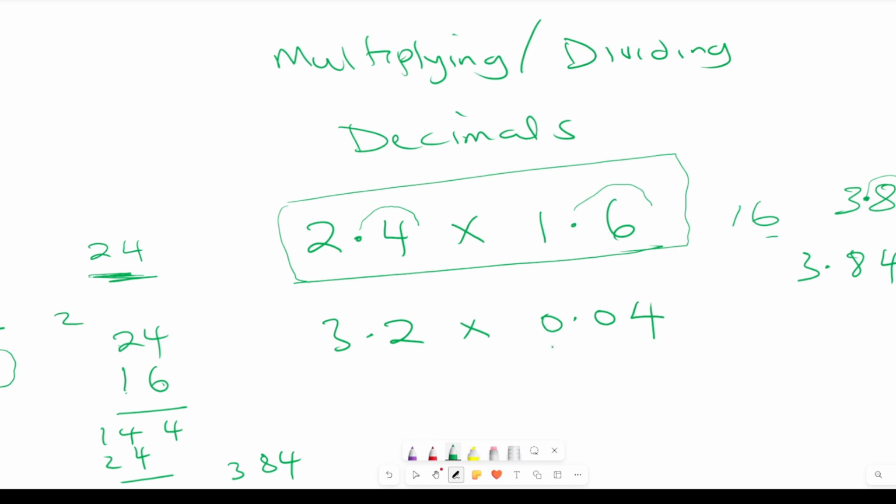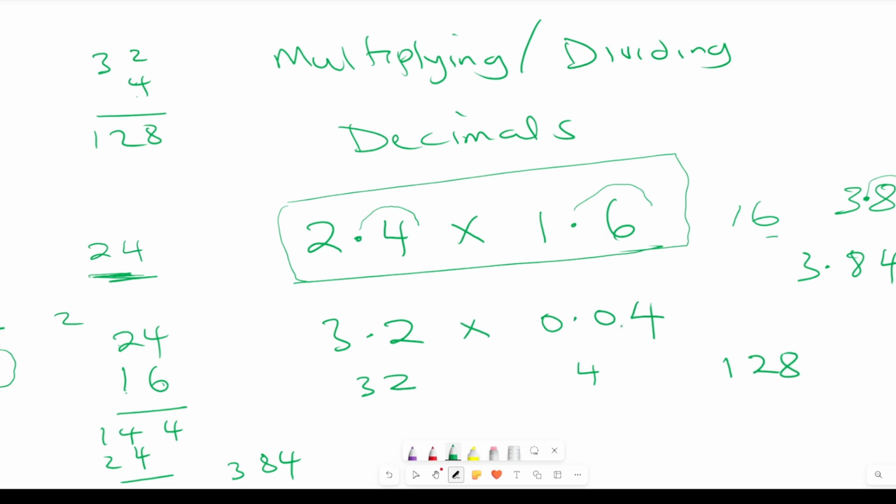So 3.2 and 0.04. I'm going to pretend this is 32 by discounting one decimal place, and I'm going to pretend this is 4. If I want to pretend this is 4, I've actually ignored two decimal places. So let me do my 32 times 4. 128.